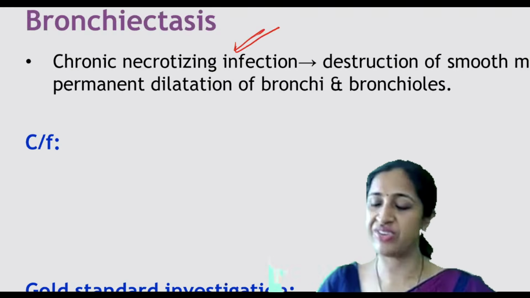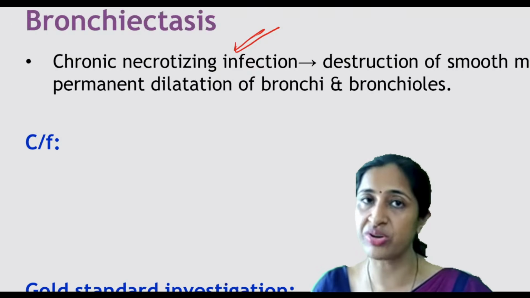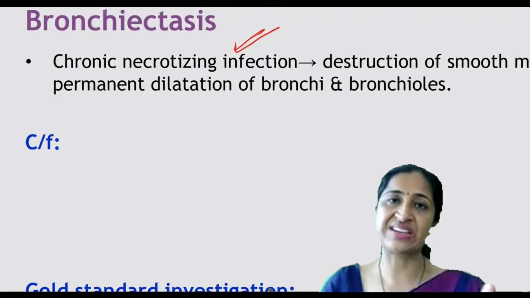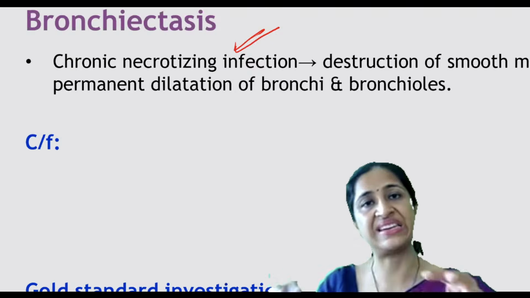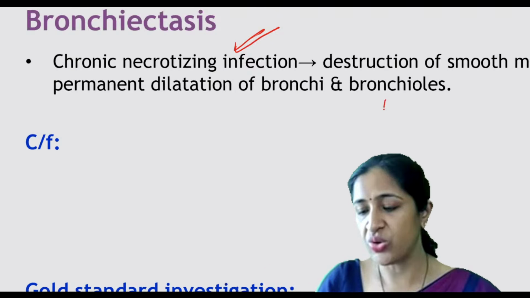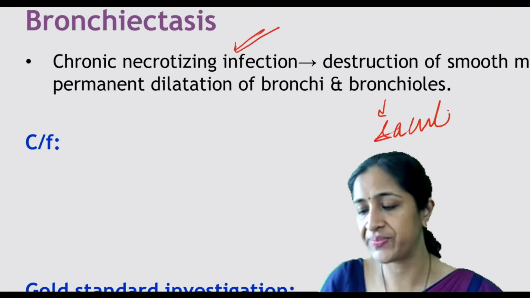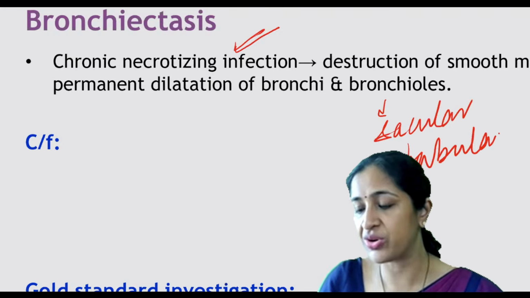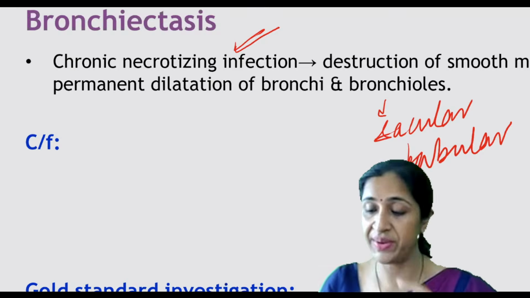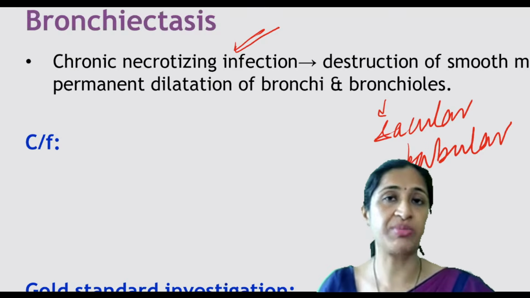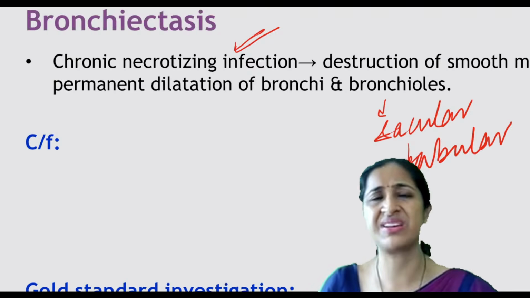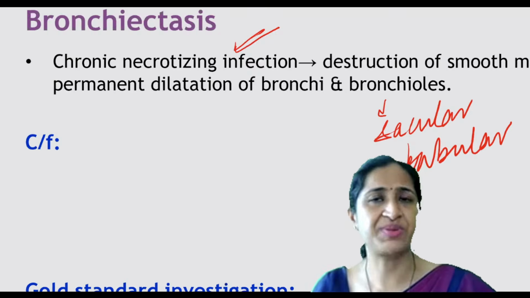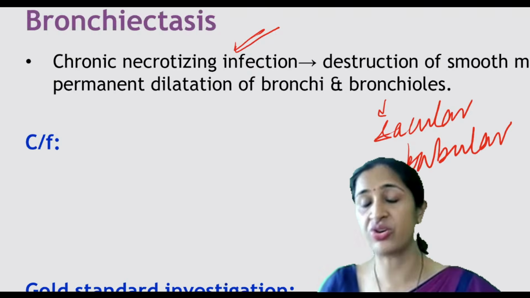This infection and inflammation cause destruction of the bronchial smooth muscles and elastic tissue, making the bronchus dilated and loose. So you have the saccular variety and the tubular variety, based upon how the bronchiectasis is seen. Bronchiectasis is a common complication which can be seen in asthma, cystic fibrosis, and aspergillosis in the lung.